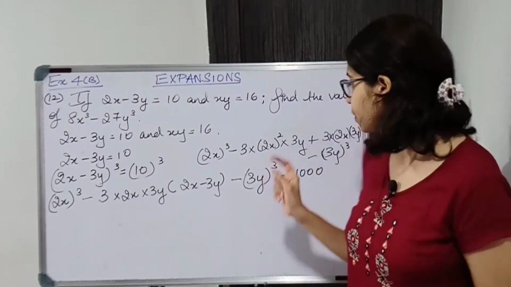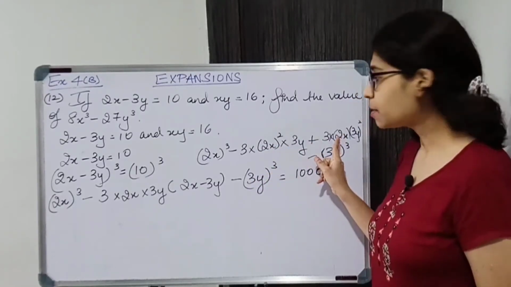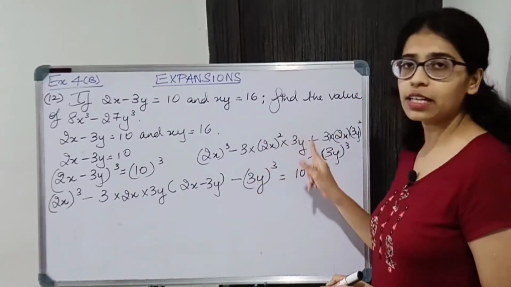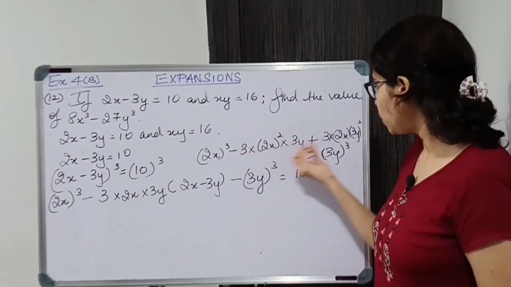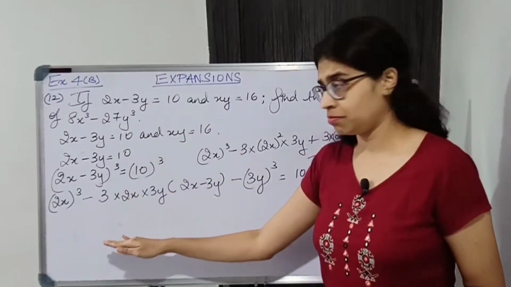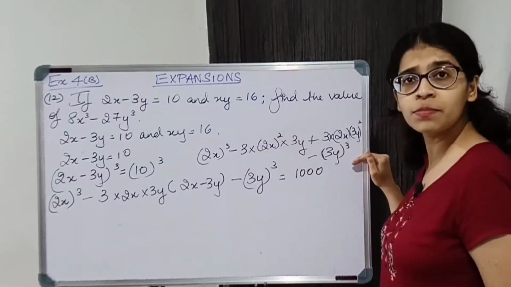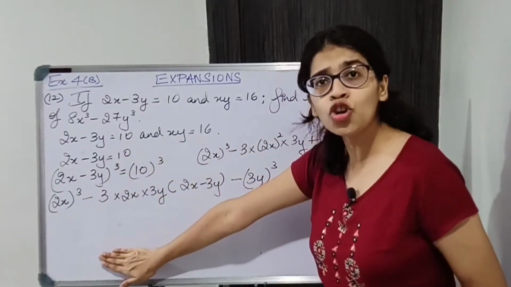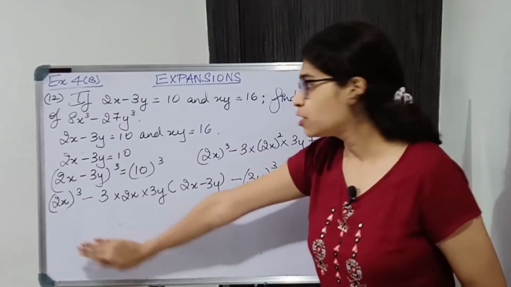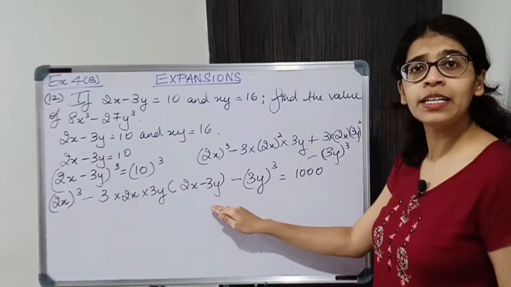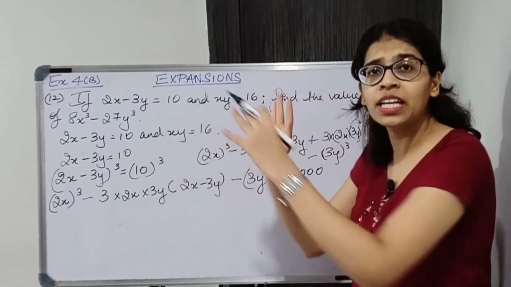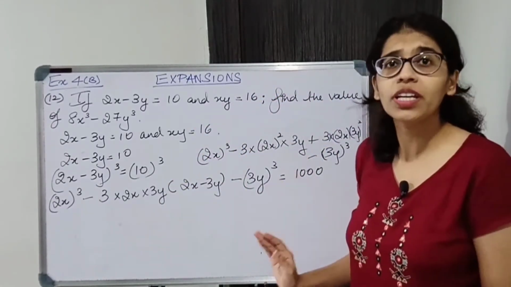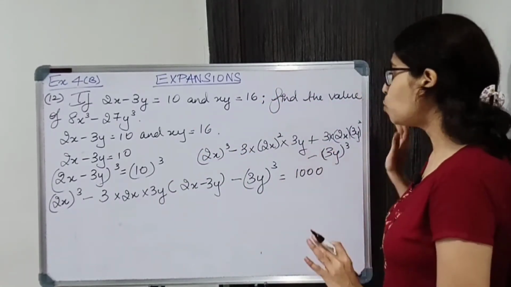So eventually you will get the answer. ठीक है, ये मल्टीप्लाई करके आंसर मिलेगा. Eventually you have to take 3, 2x and 3y common. So even if you solve using this method, you have to take out common. So directly use this identity, or if you use the other identity, then common निकालना ही है. It depends what you want to do.